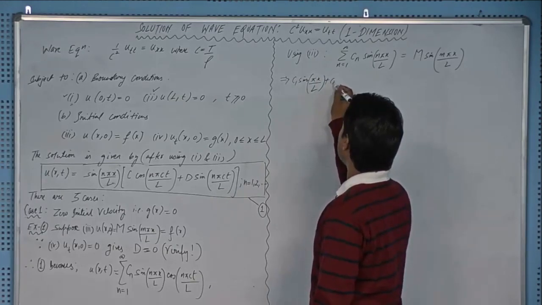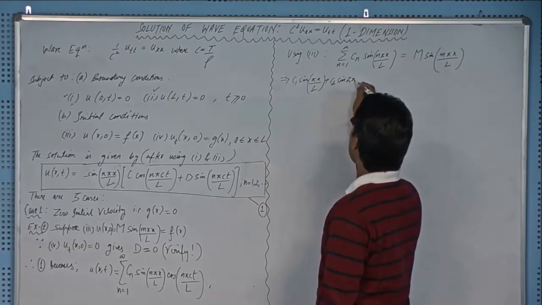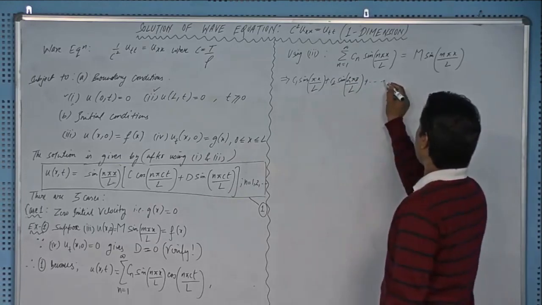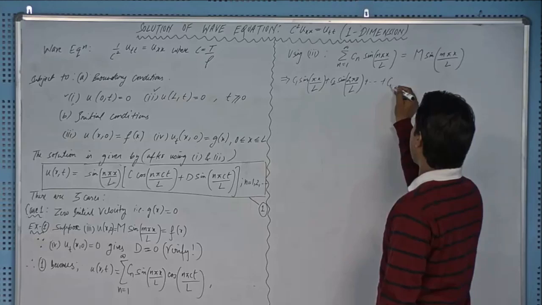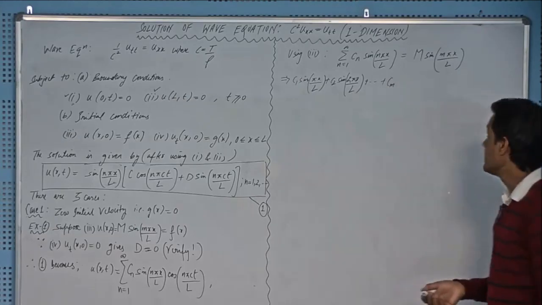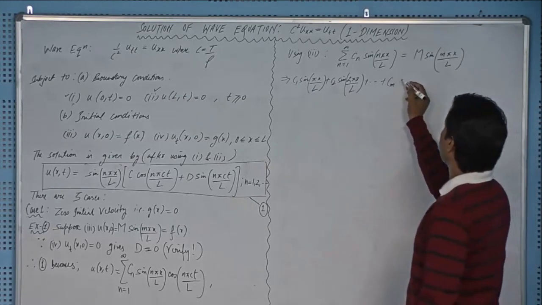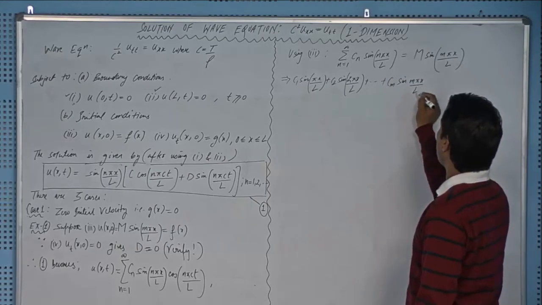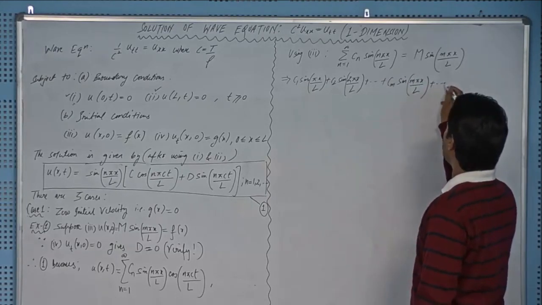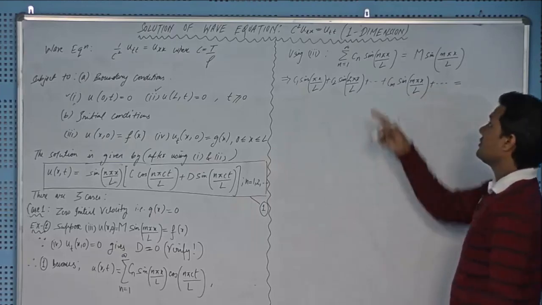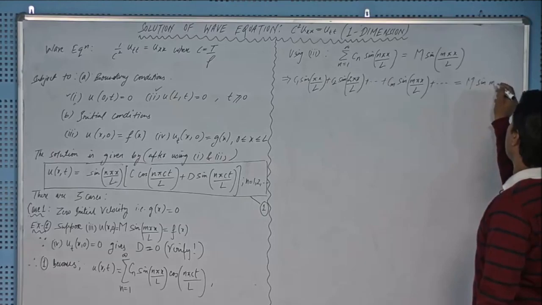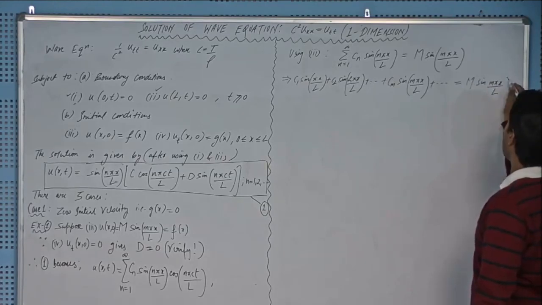The second term will be C2 sine(2 pi x over L), and so on, plus Cm sine(m pi x over L), and this series will go on to infinity. And this is M times sine(m pi x over L).